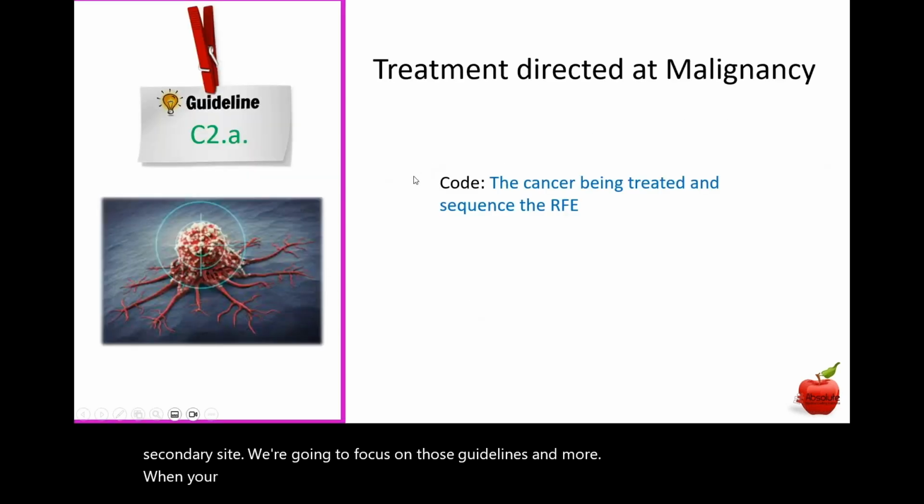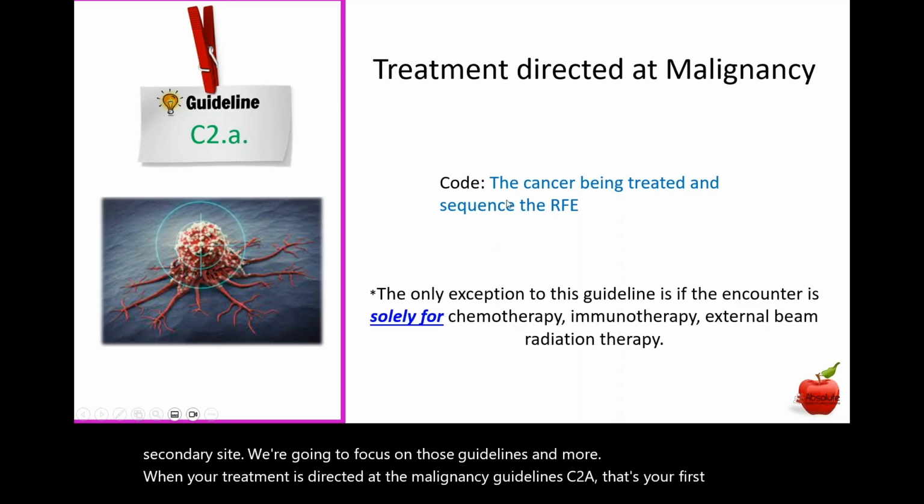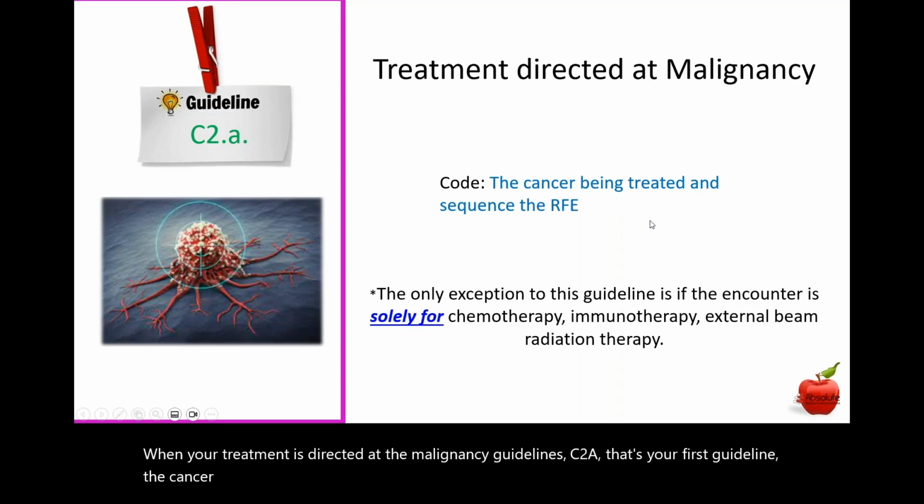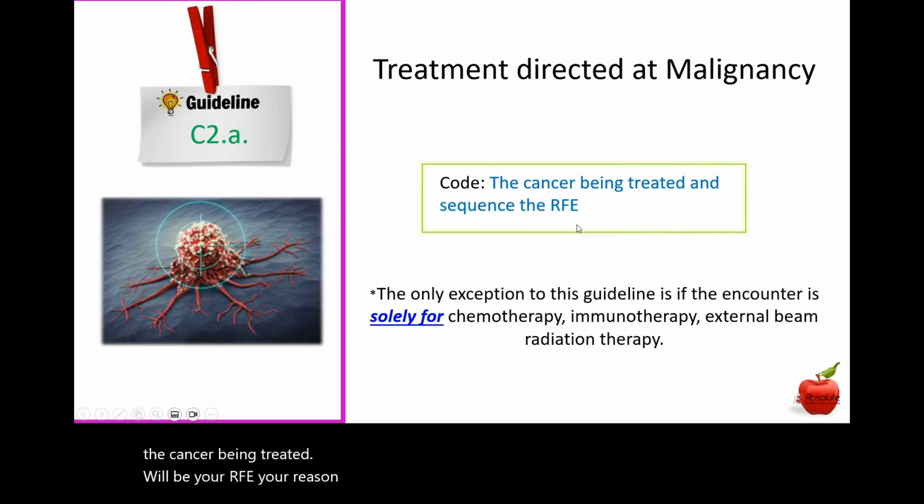When your treatment is directed at the malignancy, guideline C2A, that's your first guideline. The cancer being treated will be your RFE, your reason for the encounter, or what you're going to sequence first.